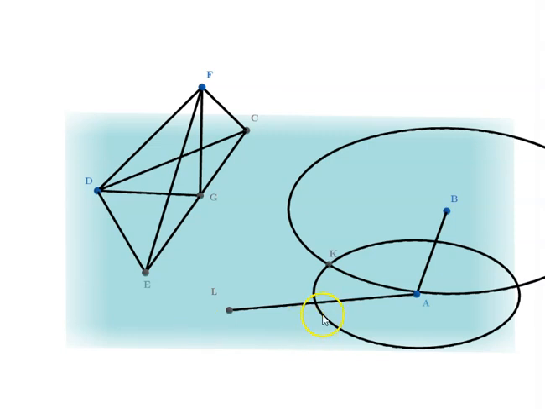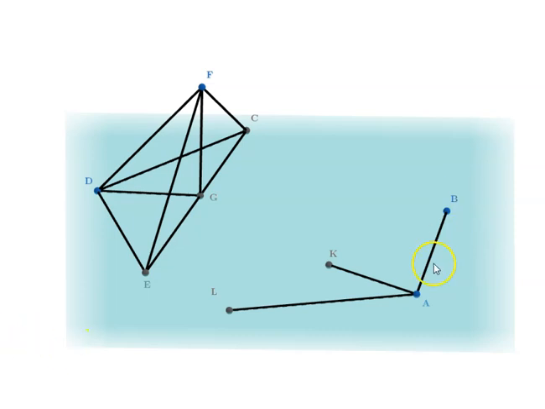So which means since KA is the radius of this circle, and this circle is centered at A and the radius is DG, that means DG is equal to KA. So let's join KA and let's hide these circles. So angle BAL is equal to EDC and angle BAK is equal to EDG.